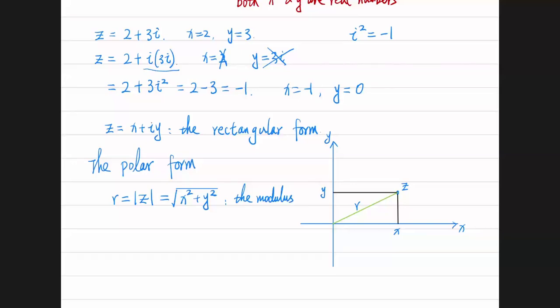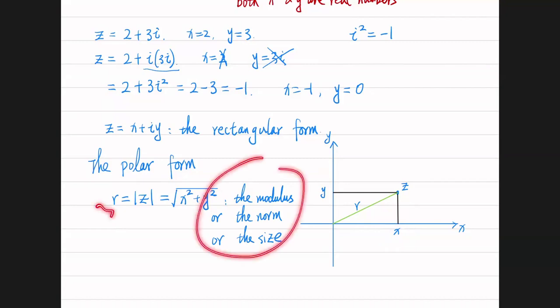The modulus is in some sense the size, also called the norm, both work. It is the modulus of the complex number.